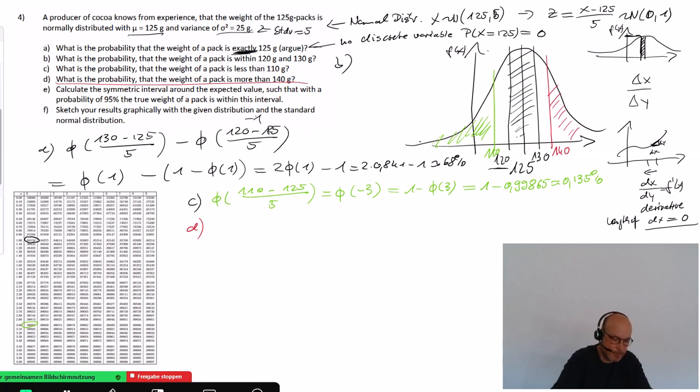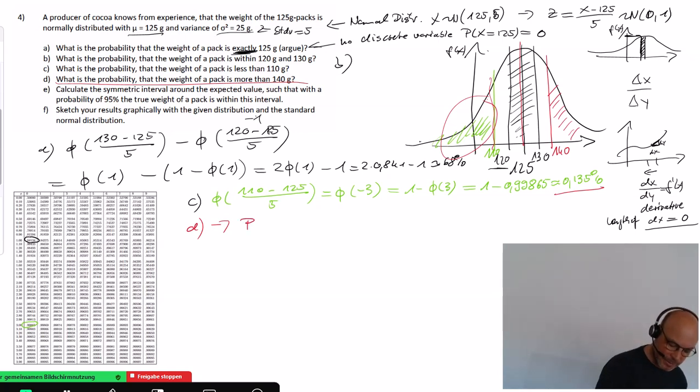We just use the symmetry. 140 minus 125, divided by 5, we could again calculate, but since we have already done this, we do not have to do it again because we can argue by symmetry that it has to be the same.